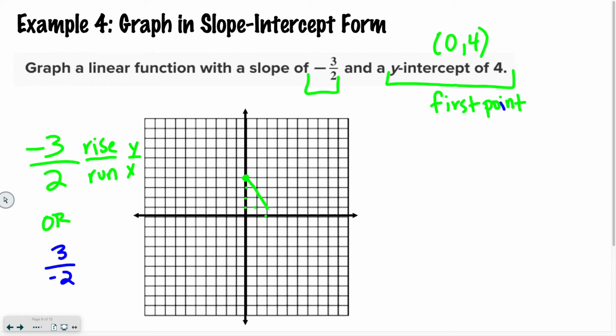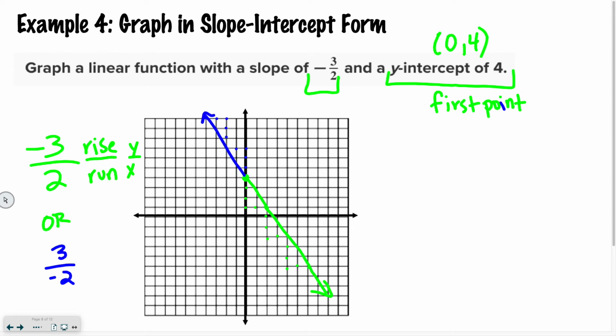And if I wanted to get a couple more points to draw a better line, I can. So that would be going that way. If I wanted to use this other one, you can see I have a positive 3, so I could go up 1, 2, 3, and then negative 2 means left in the x direction. And I could go like this.